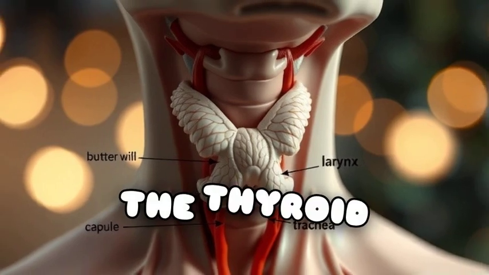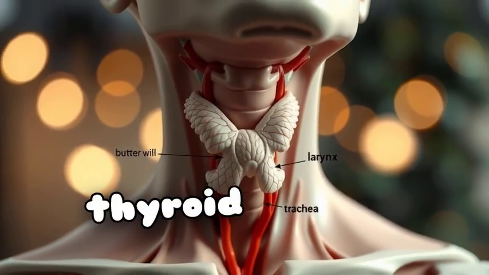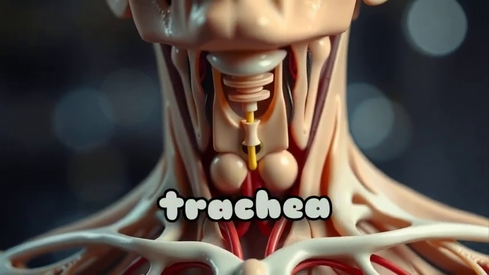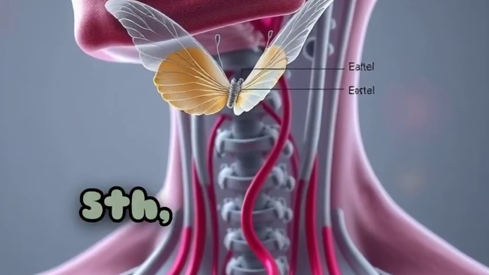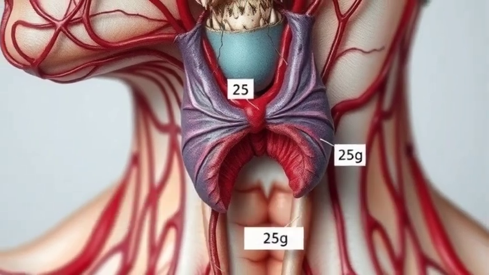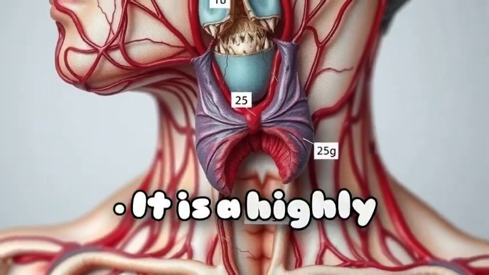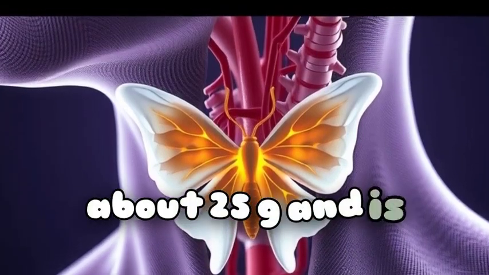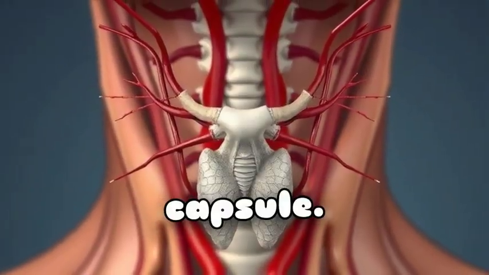The thyroid gland. The thyroid gland is situated in the neck, in front of the larynx and trachea, at the level of the 5th, 6th, and 7th cervical and 1st thoracic vertebrae. It is a highly vascular gland that weighs about 25 grams and is surrounded by a fibrous capsule.